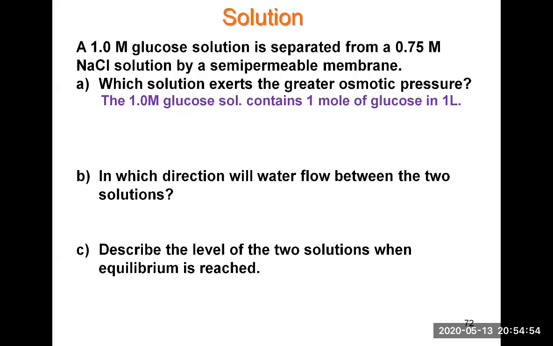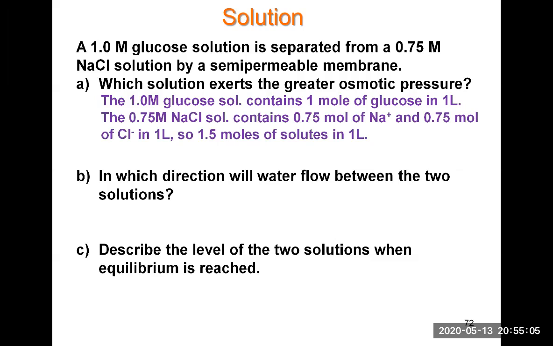So from 0.75 moles of NaCl, you get 0.75 moles of Na+ and 0.75 moles of Cl- in 1 liter, right? So then you need to add those two.